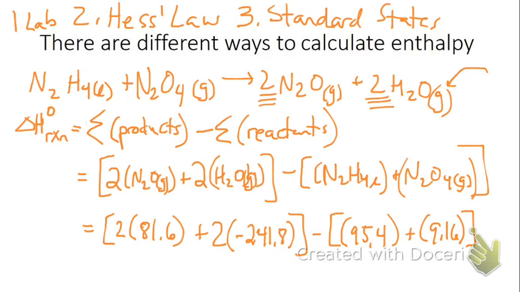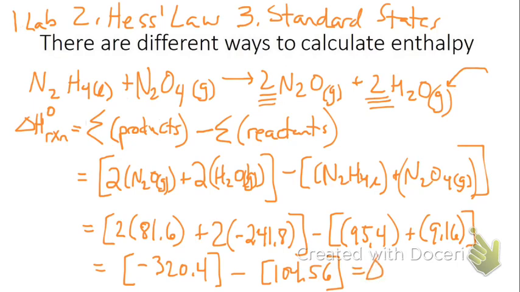And then all we have to do is just do the multiplication and addition. And when we do that, we get a minus 320.4 minus 104.56.